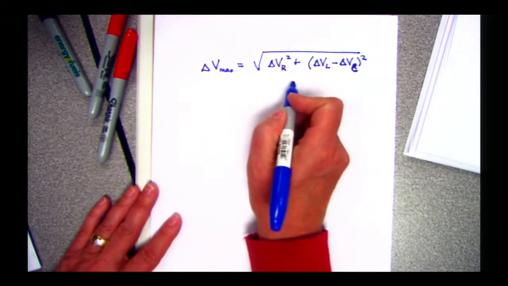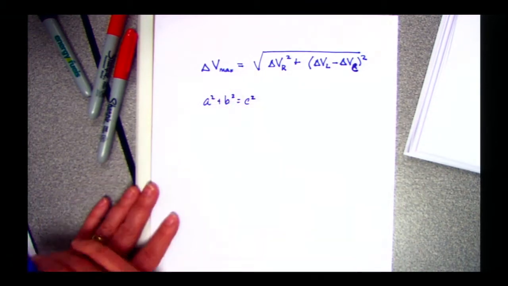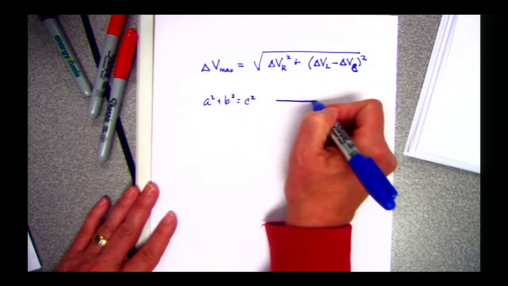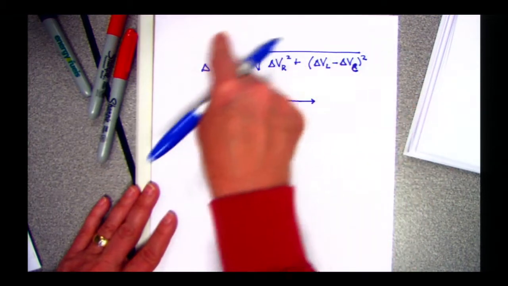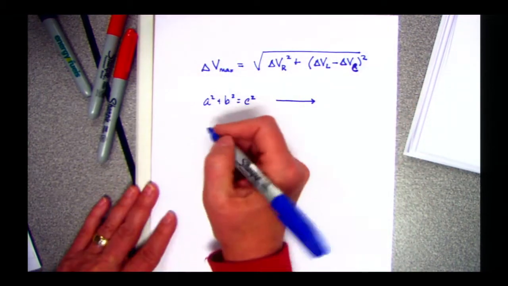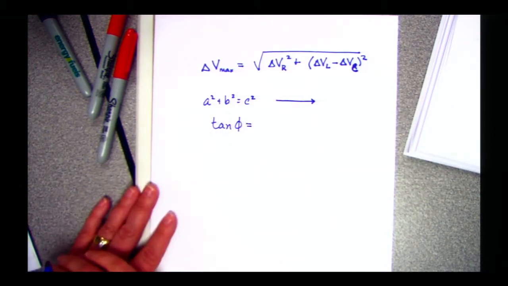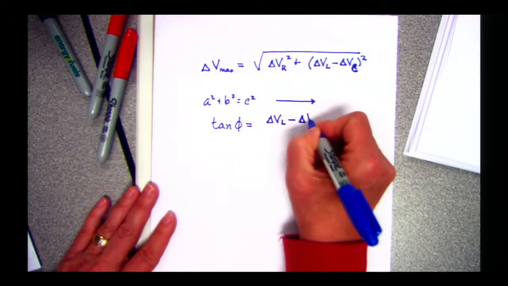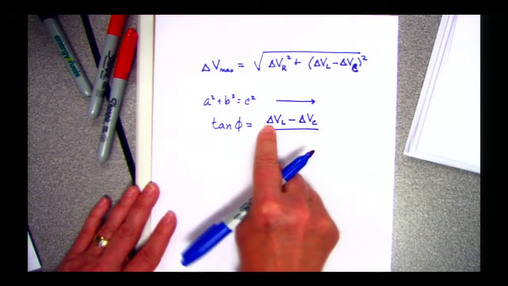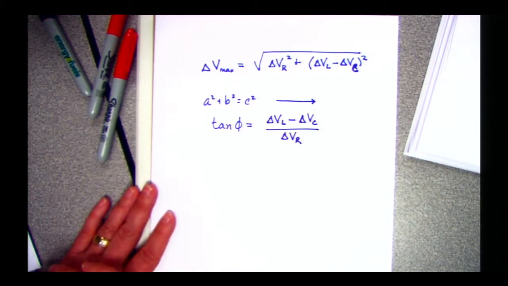And this should start to look very familiar. Remember, a squared plus b squared is equal to c squared. And we talk about vectors and vector components. This starts to be able to be explained by a vector. And we can actually talk about a phase angle associated with our system as this change in my voltage that's related to my lead and lag divided by the change that's related to my resistor.